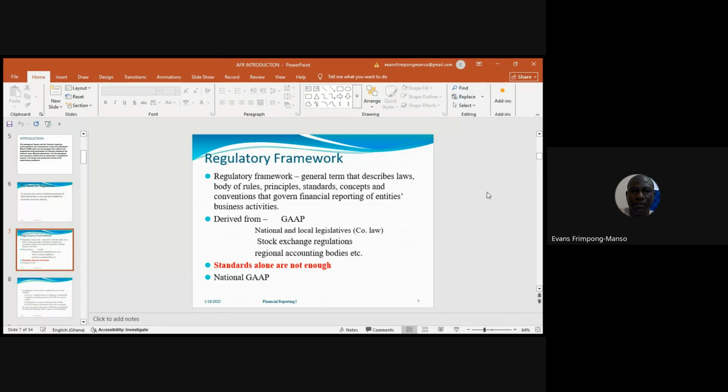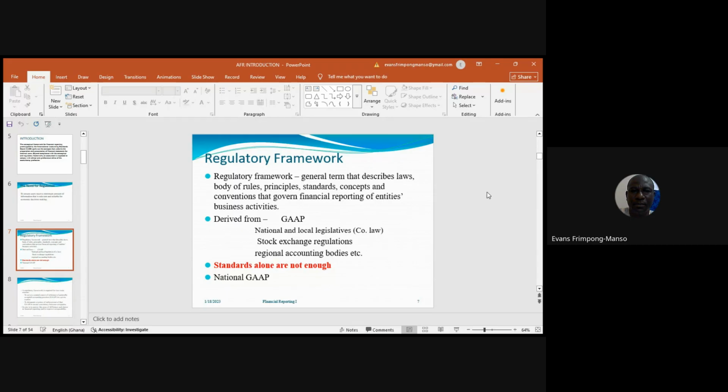Where will they get these laws from? Where will they get these rules, principles, standards, concepts and conventions from? They will get some from the generally accepted accounting principles, the GAAP. Some are national, some local.